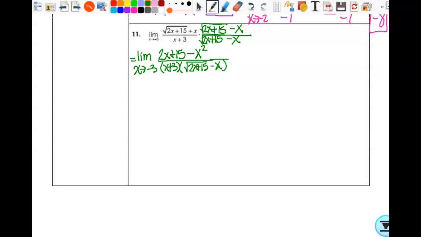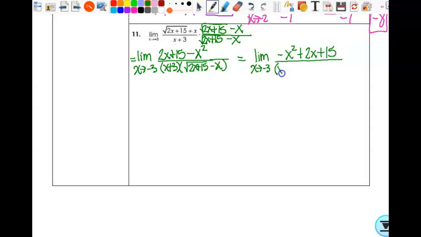Everybody good so far? Nothing to cancel out at this point, right? And the numerator is a quadratic, so I think I'm going to need to factor that, so I need to put it in the correct order. So this is going to become the limit as x approaches negative 3 of negative x squared plus 2x plus 15.